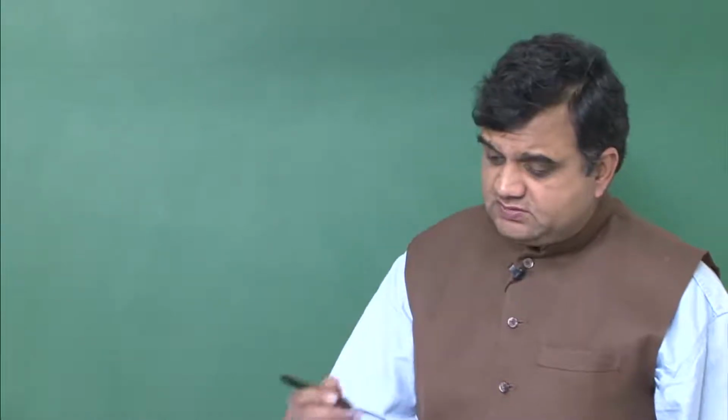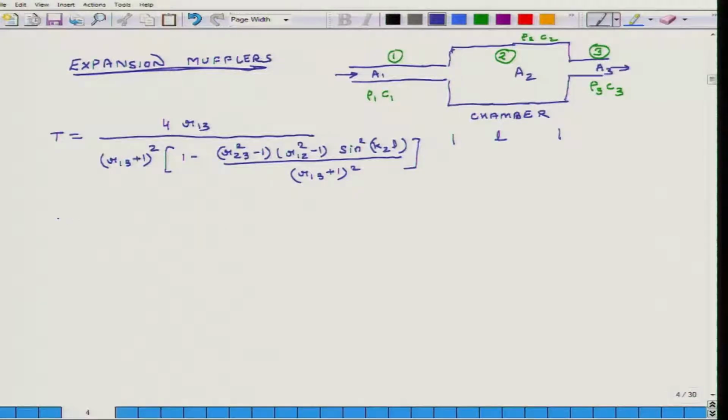Now, for purposes of our today's analysis, we will make some assumptions which make the relation for T simpler. So, what do we assume? We assume that A1 equals A2, okay.